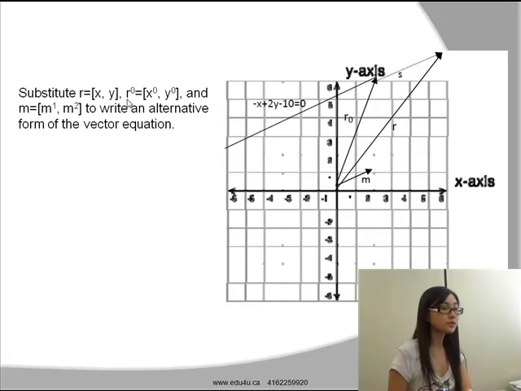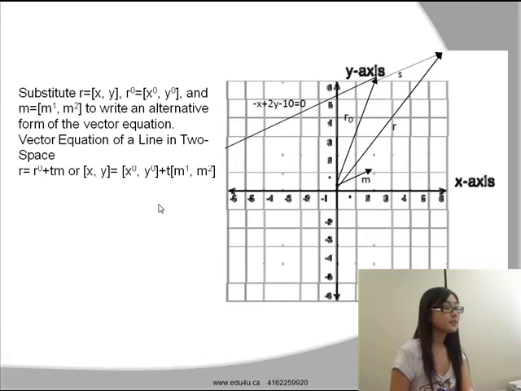Substitute r is equal to (x, y), r0 is equal to (x0, y0), and m is equal to (m1, m2) to write an alternative form of the vector equation.